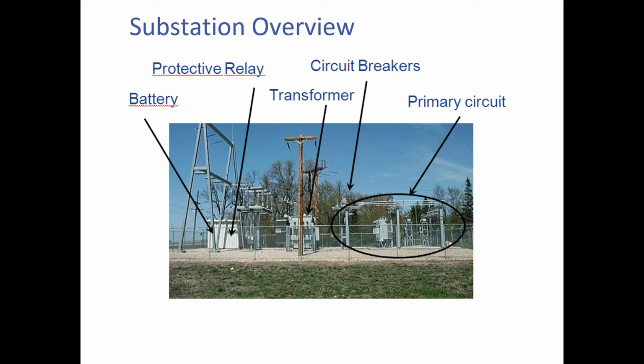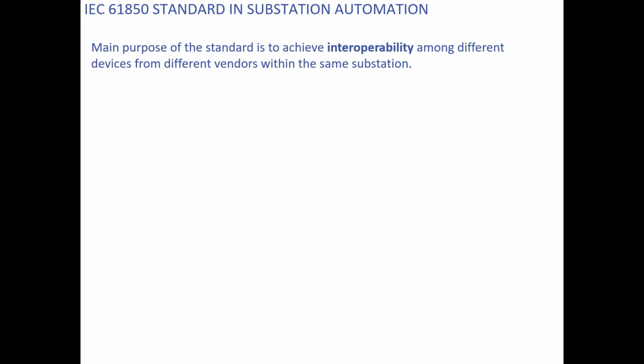In fact, in this first session, I will discuss only the concepts related to the build-up of the 61850 protocol understanding. So first of all, what is written inside the 61850 standard in substation automation? The main purpose of this standard is to achieve interoperability among different vendors.